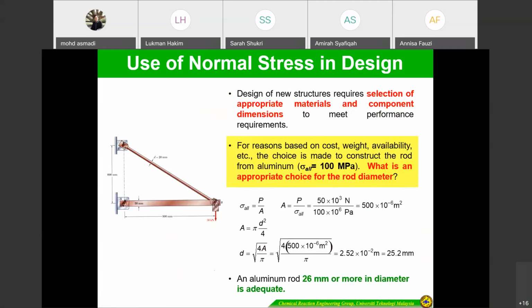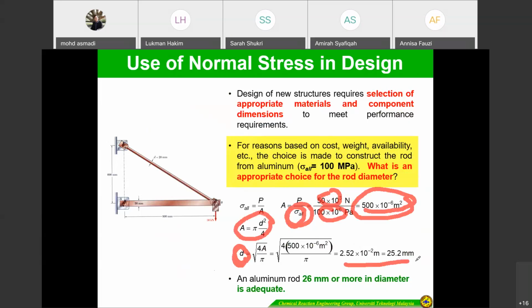So what you have to do is just a back calculation. Since sigma all is equal to 100 megapascal, 50 divided by 100 megapascal, we can get area is about 500 times 10 to the negative 6. Based on pi d squared divided by 4, we can get the diameter.